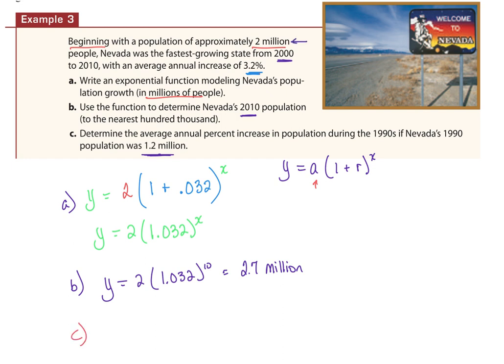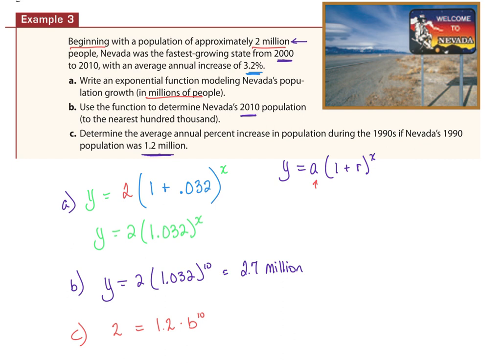So for this last one, we are going to say that, well, we know it ended at 2 million in the year 2000. In 1990, it started at 1.2 million. We do not know what the base here is, but we know that it was 10 years that it happened.